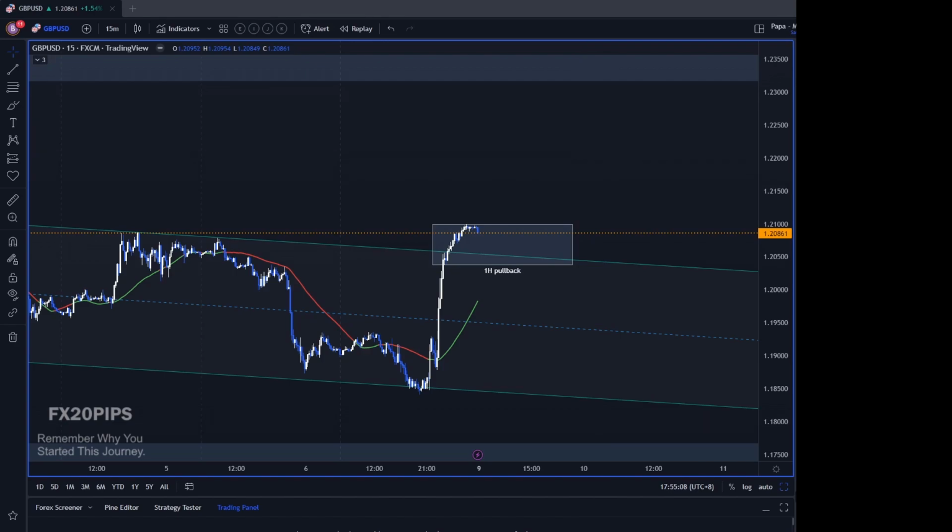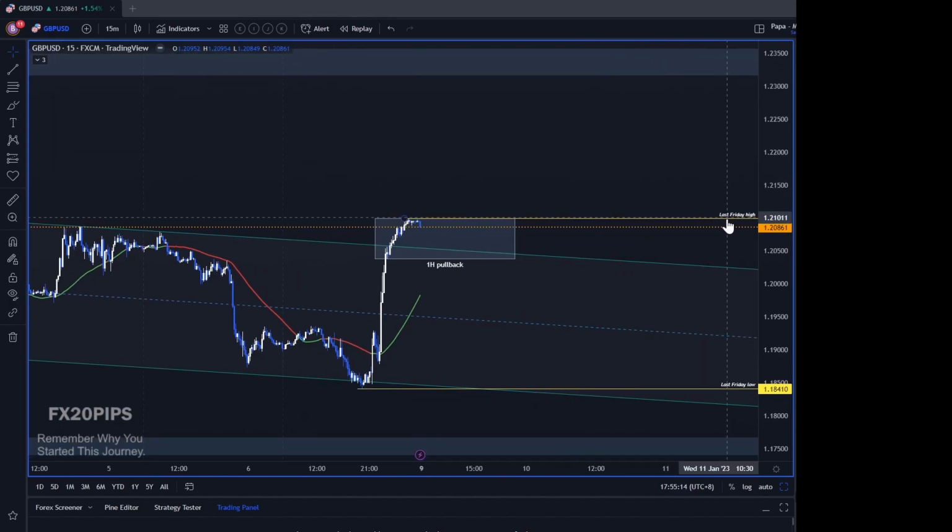Alright, the other thing that I also draw is the Friday. So for every Friday I try to draw a low and a high. This is the low for Friday, this is the high for Friday. Then I see how price reacts along this line within this Friday high and low.